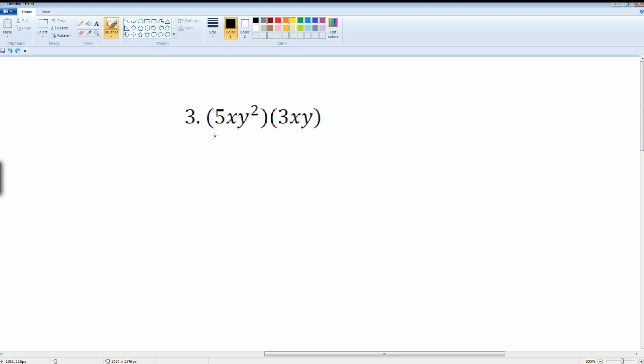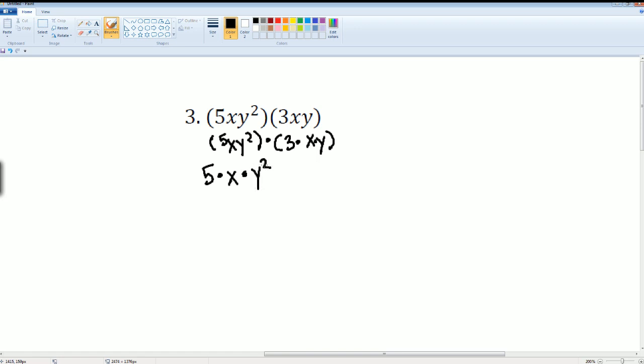Okay, so here I have 5xy squared, parentheses, multiply 3xy. This is all multiply, okay? So we have 5 times x times y to the second.